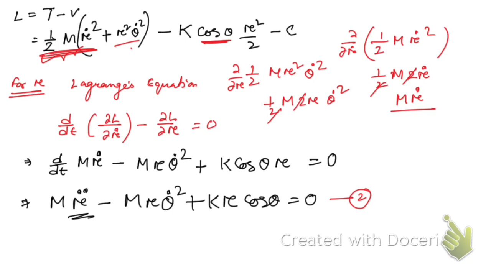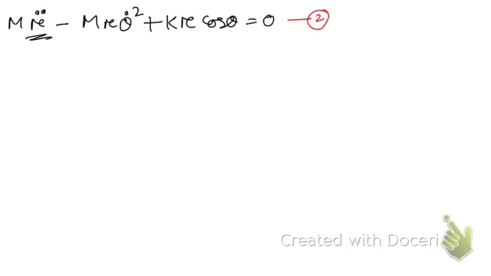Let me copy this equation number 2 and take a new slide. First express this in terms of r theta dot. Now you see r dot can be written as d/dt of r, and it can be written in terms of theta. We can write it this way, we can use the chain rule actually.